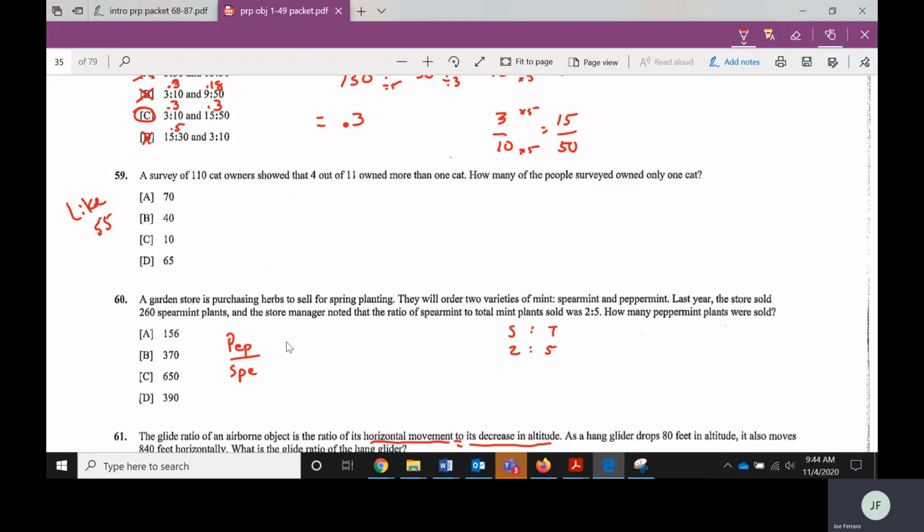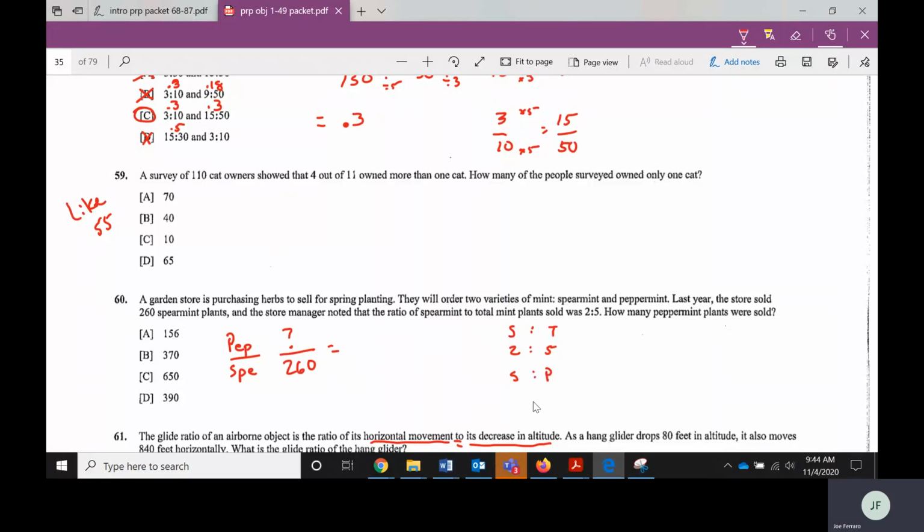Okay, so for the unknown pair, we're looking for the number of peppermint when there was 260 spearmint. So now they gave us a ratio of 2 to 5 spearmint to total. So that's not what we want. We have peppermint and spearmint. So we're going to keep the spearmint. That's part of it.